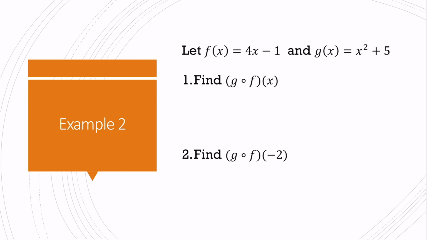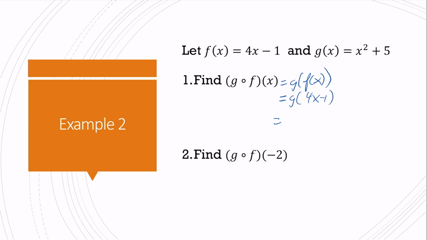Our last example, let's let f of x equal 4x minus 1 and g of x equal x squared plus 5. So I now want to find g composed with f of x. This means I'm substituting f of x in to g. So I would have g of 4x minus 1.